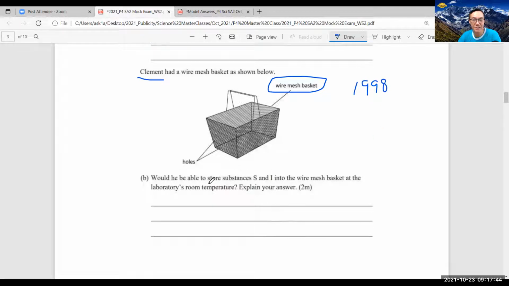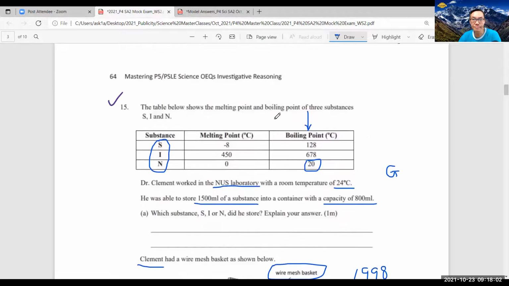Okay, let's continue here. Would he be able to store substance S and I into the wire basket at the laboratory's room temperature? In order to store something in a wire mesh basket, the substance must be a solid at the temperature. So now we look at the melting point.